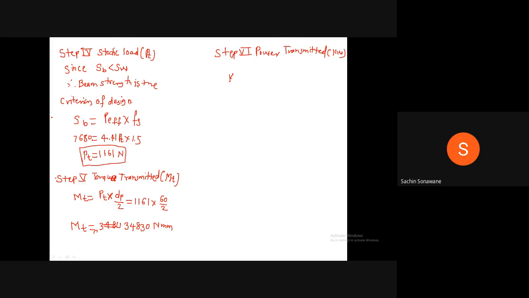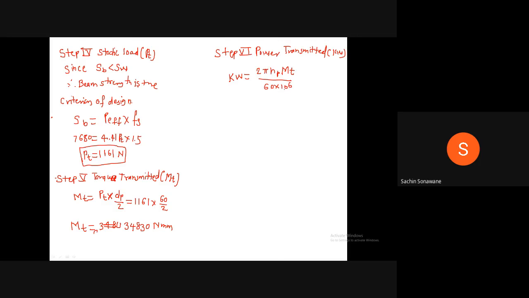Kilowatt is equal to 2 pi NP MT divided by 60 into 10 raised to 6, because we are going to calculate power transmitted by the pinion, because the pinion is weaker.